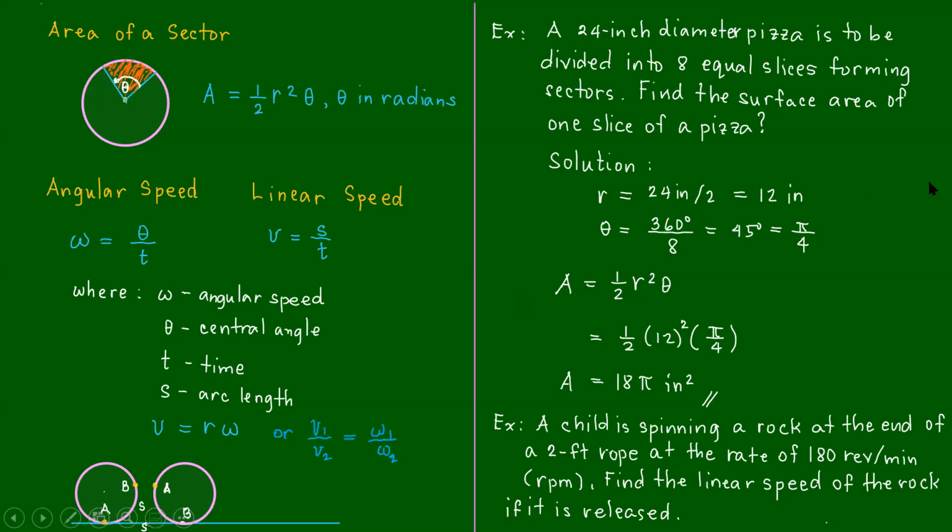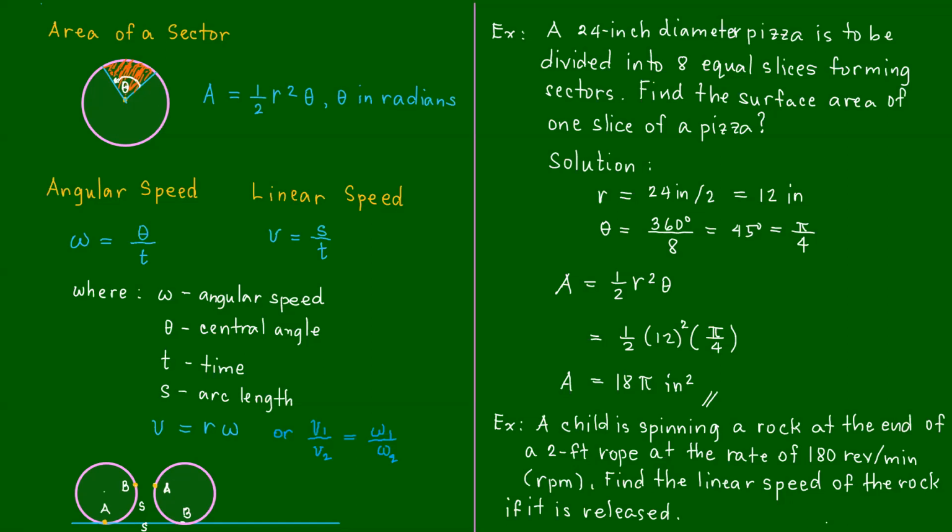So let us have a particular problem. A pizza having a diameter of 24 inches is to be divided into 8 equal slices, forming eight sectors. Find the surface area of one slice of the pizza, approximately.